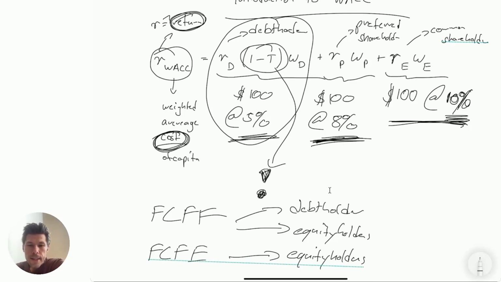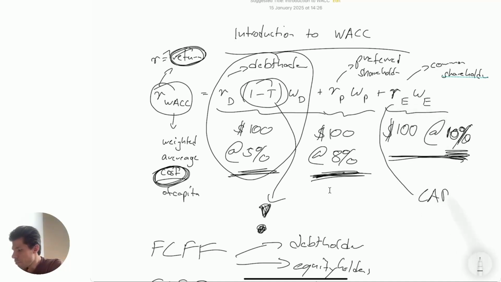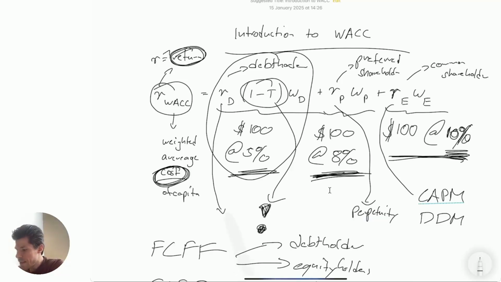Good. What else? This is the first part, the underlying cost. I have made another video on the capital asset pricing model or the dividend discount model. Here you can use something similar, a perpetuity formula, and cost of debt is a bit more tricky.